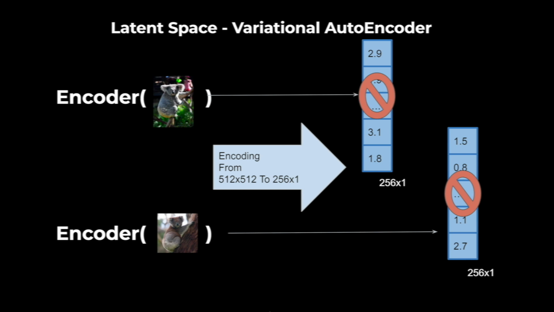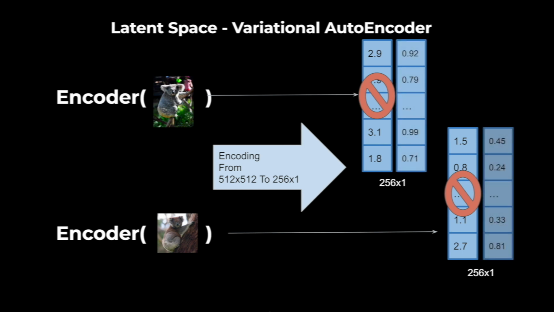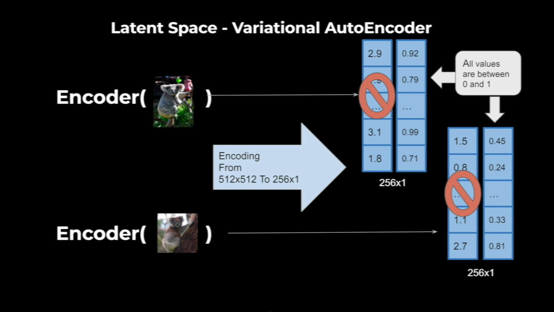However, with the introduction of the mean and the standard deviation into the latent space, the values are ranging between 0 and 1. This way, all latent vector values are uniformly distributed between the range of 0 and 1.